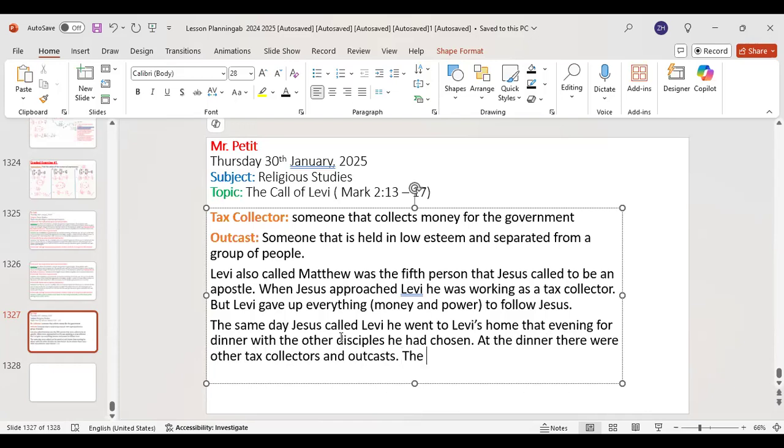The Pharisees questioned Jesus about eating with people that did not follow Jewish law.